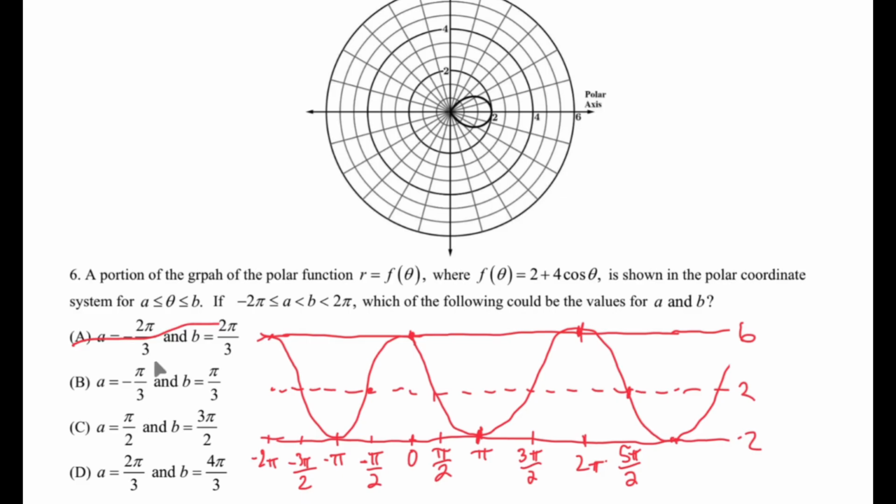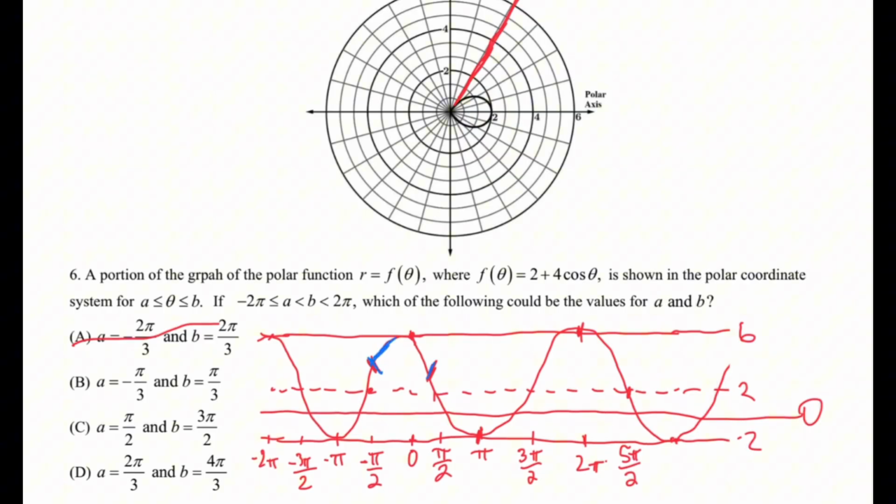So now moving on to B, we have negative pi over 3 and positive pi over 3. So pi over 3 is in between pi over 2 and 0. So the negative one's kind of there, closer to pi over 2, because if we look on the graph, it's around there. And then it's going to be the same thing on the positive side, so around there.